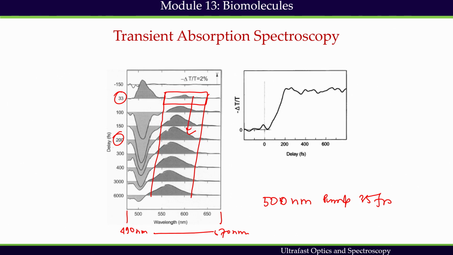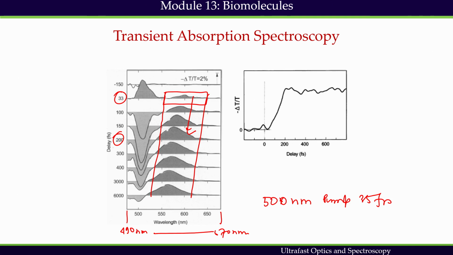It's slowly growing, and it has reached the maximum amplitude. Although the maximum of the photoproduct absorption shifts from 575 to 565 nanometer between 200 femtosecond and 6 picosecond, there is little change in the integrated area or shape of this absorption feature.